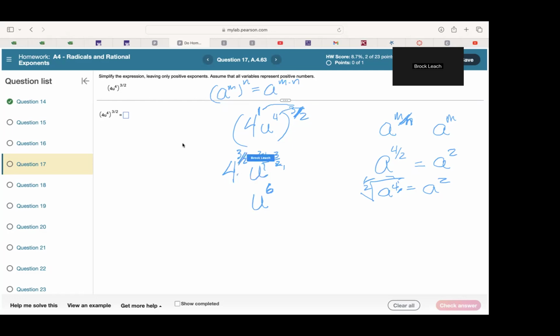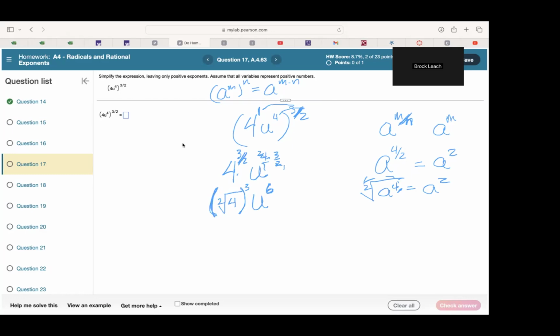That denominator of 2 is a square root. So another way to write this is the square root of 4 to the 3rd power. Kind of helps to write it out that way, like turn it into a radical. And I generally will tend to do the root first because it makes it a smaller number. The square root of 4 is 2, and I know what 2 to the third is. It's 8. But I might not know what 4 to the third is, right?